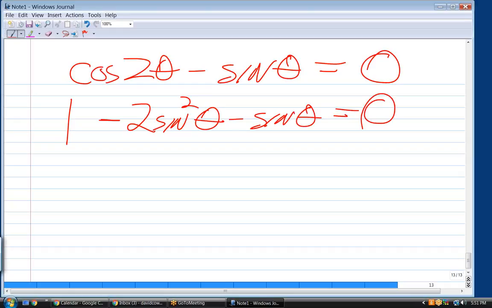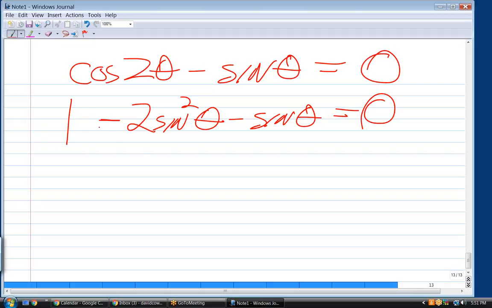Take it from here. What do I do next? I could cancel out sine, or factor out sine. No, you can't really. You've got this 1 over here. In other words, there is no greatest common factor. What can I do with the 1? Well, let's put it into a quadratic format.